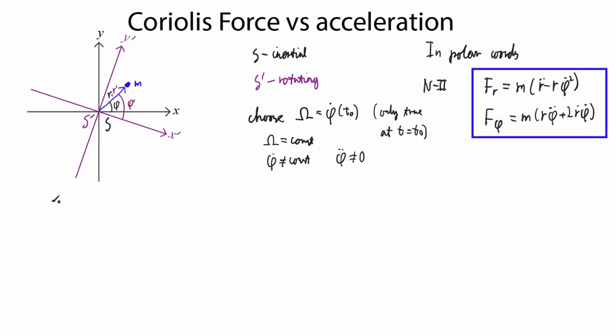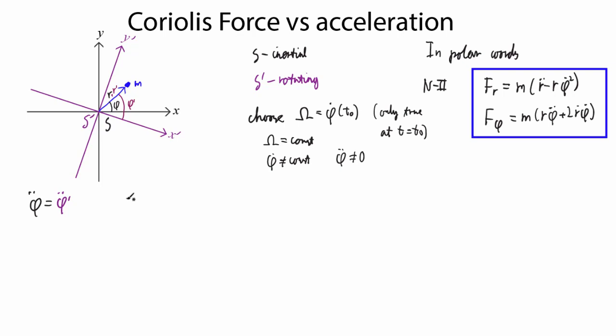First of all, because omega, the angular velocity that connects the two frames, is a constant, we can say that phi double dot is equal to phi prime double dot.